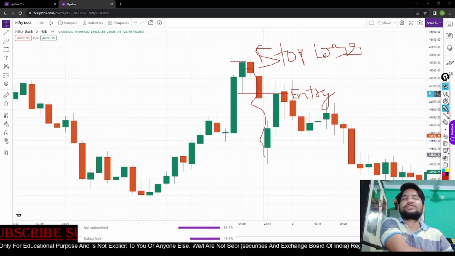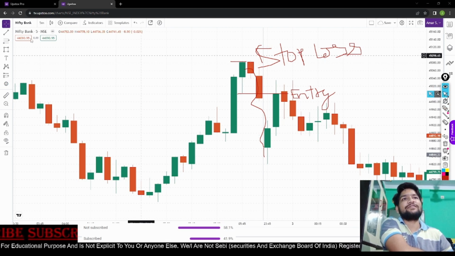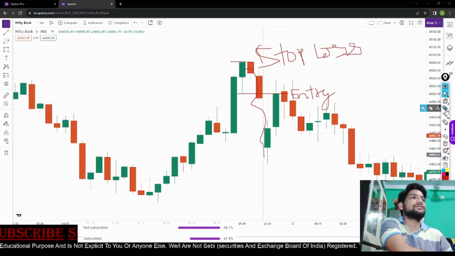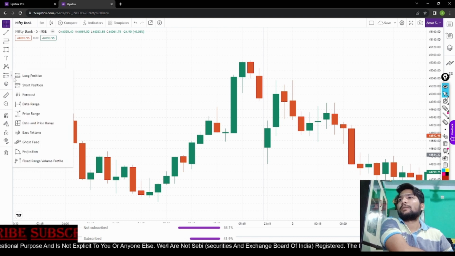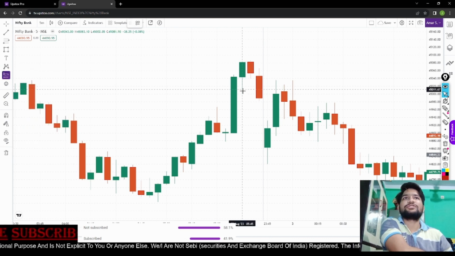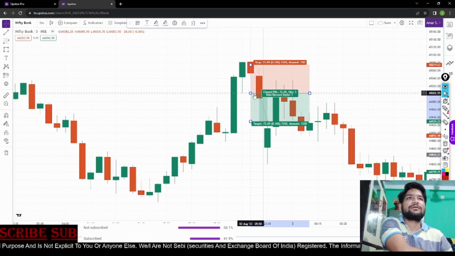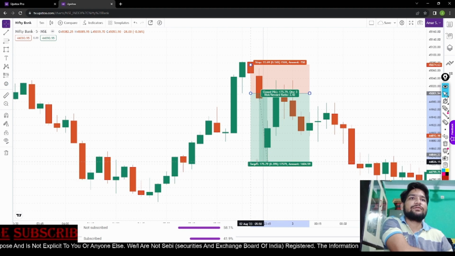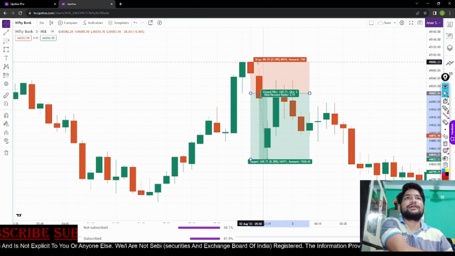So let me just check for you how many points this trend has given. If we just apply the short position, we have shorted from here, and we will close at this candle, taking a stop loss of this, right?